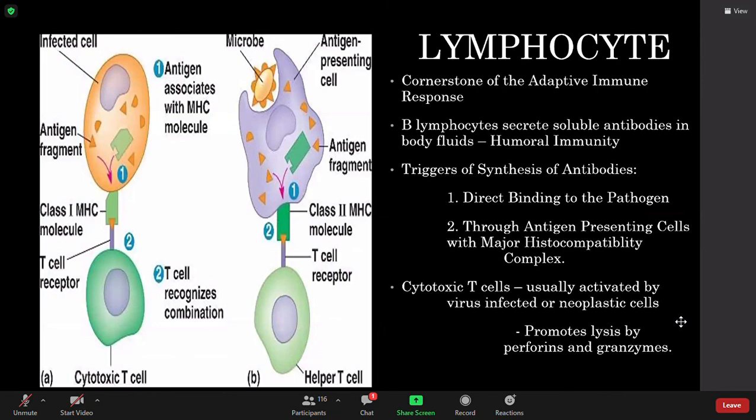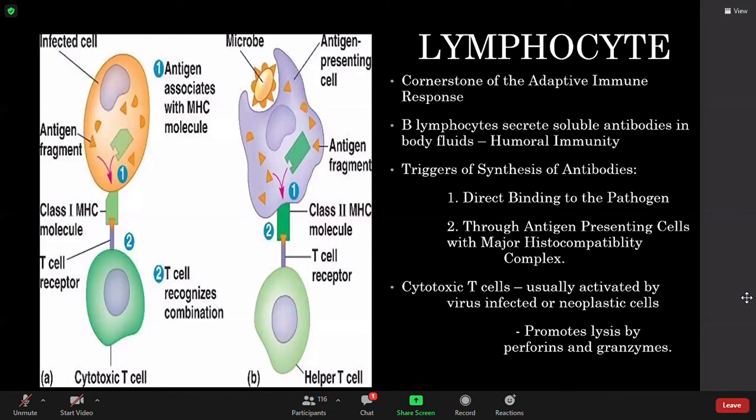Now, we've talked about granulocytes or your tawag niyan, segmenters, neutrophils, eosinophils, and basophils. Let's talk about lymphocytes because they both have their own functions, and lymphocyte, its main function is the adaptive immune response.